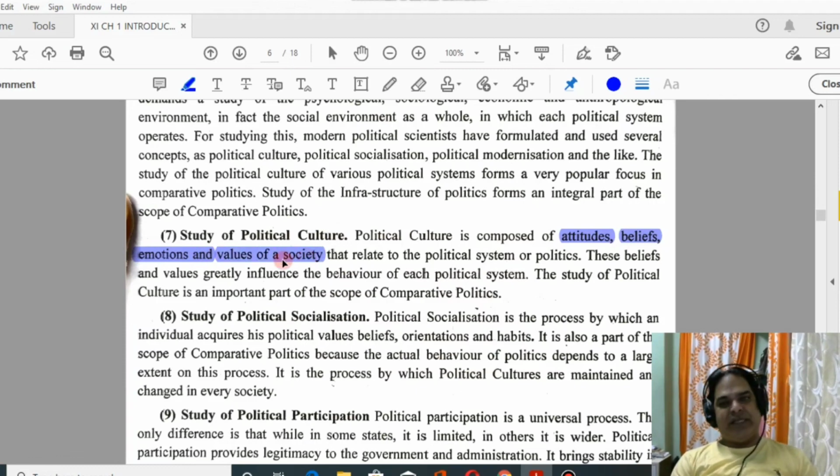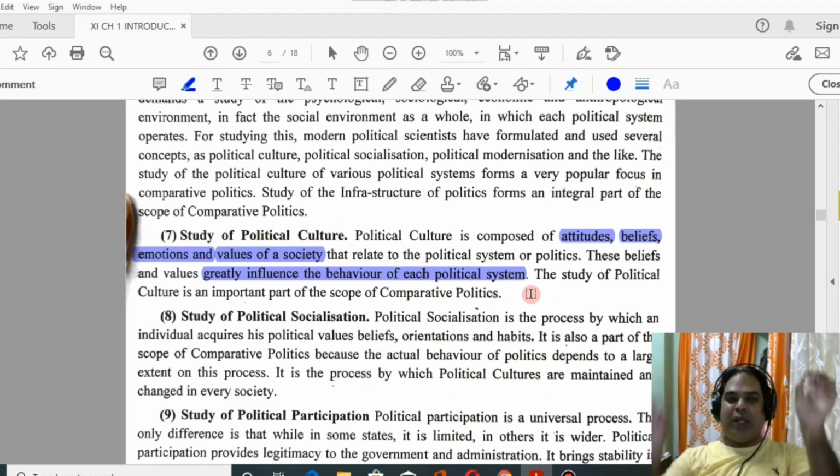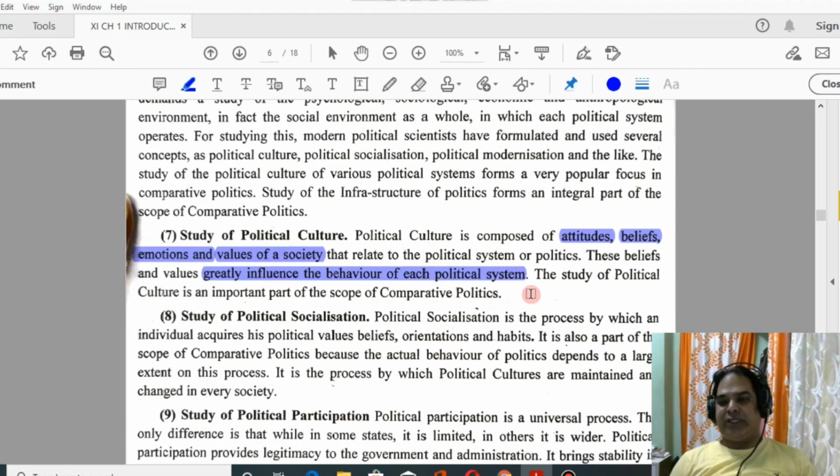These beliefs are very important, my dear, because beliefs and values greatly influence the behavior of each political system. If you compare the politics of China and North Korea with India, it differs on the basis of attitudes, beliefs, emotions, and the values of society. It makes the difference in the political system when you compare India with North Korea or China.